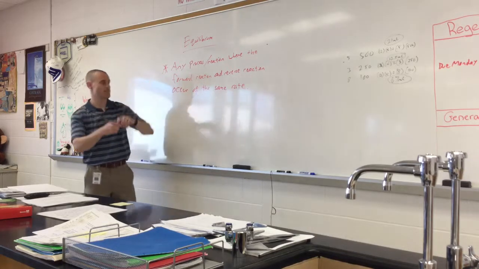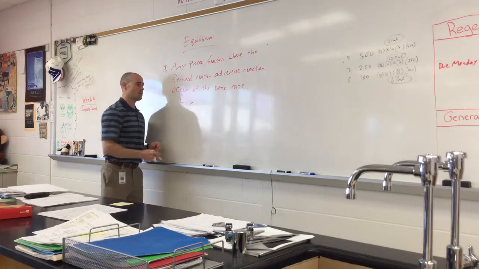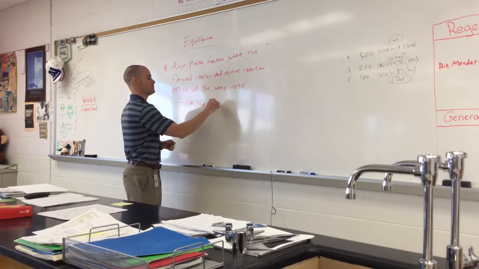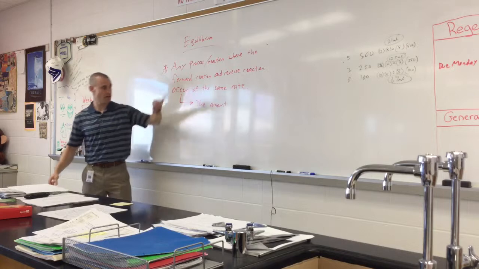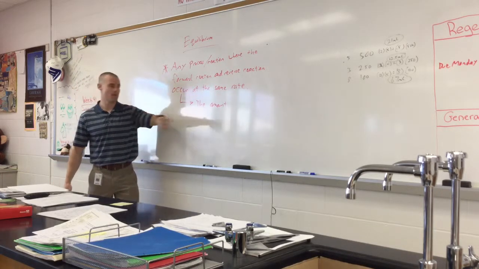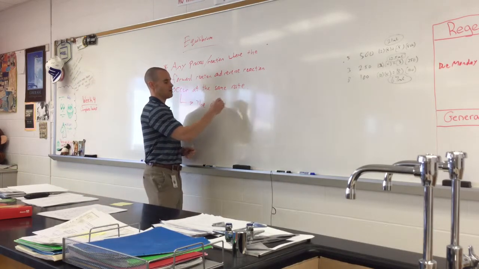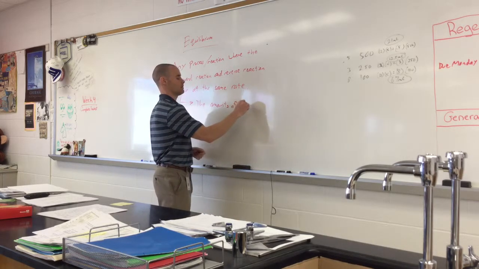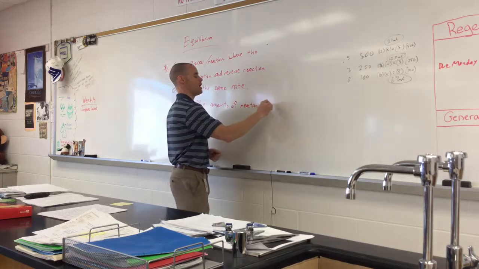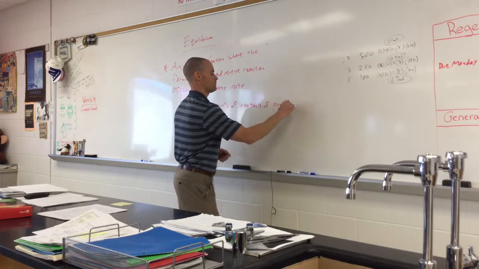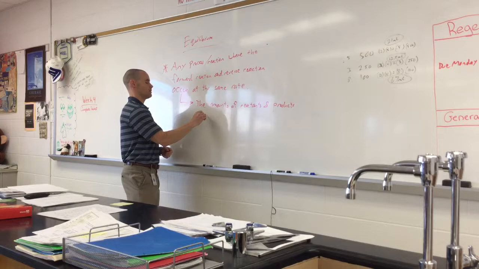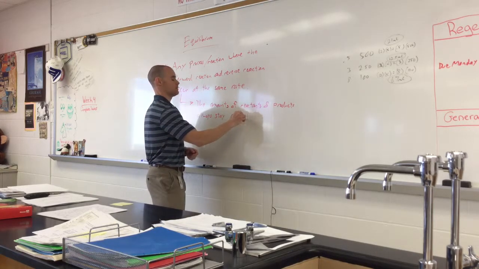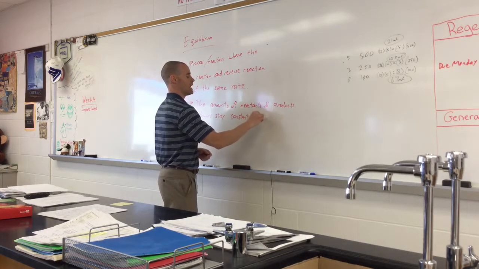Now coming off of here, you got to make something very clear. The amount, this is the most important part of this equilibrium stuff right here. Next thing I'm going to write: the amounts of reactants and products always stay constant and balanced.